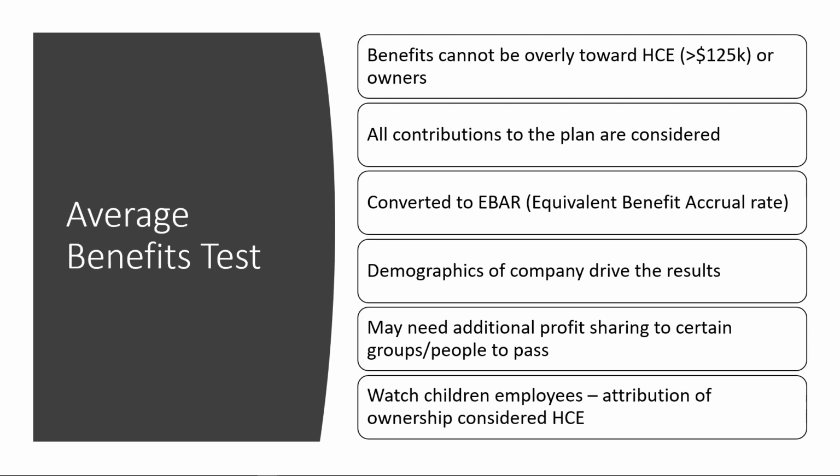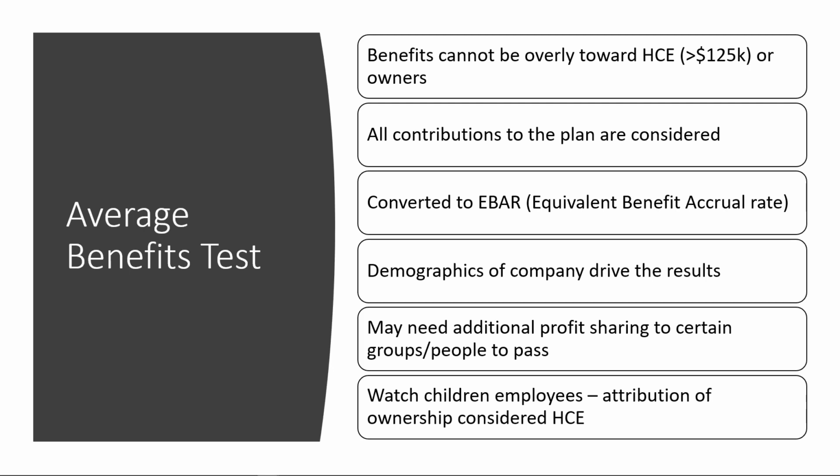So the deferral in some instances is counted, employer match in some instances, and it converts it to what's called the EBAR, equivalent benefit accrual rate. And that's, once again, where we look at how old the people are, how much they make, and we convert that to an estimated benefit when they reach the retirement age, typically 65 in the plan.